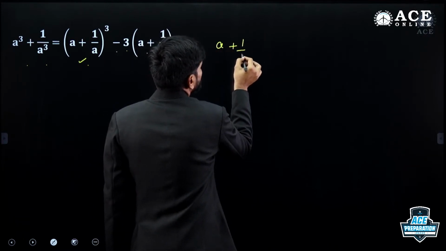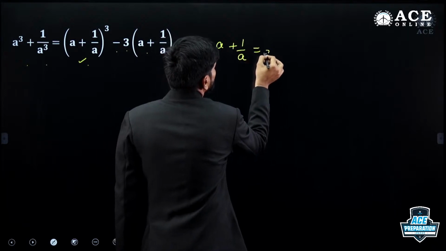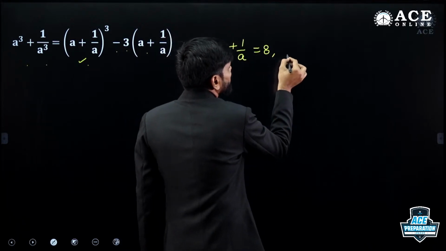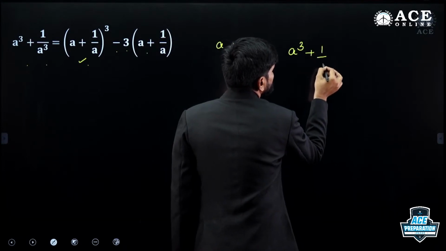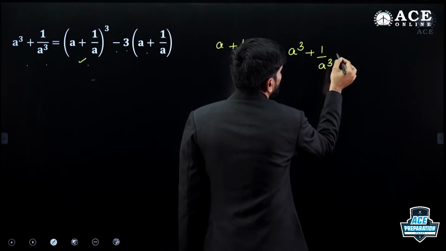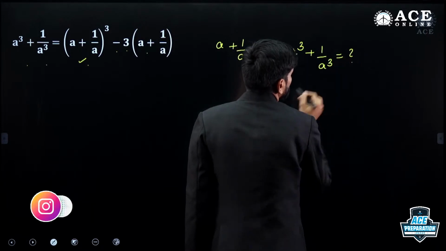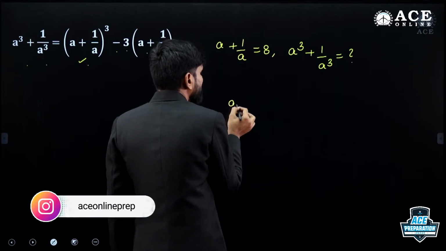They may be giving in the exam like this: if a plus 1 by a equal to 8, then find a cube plus 1 by a cube. There we can directly apply the formula.